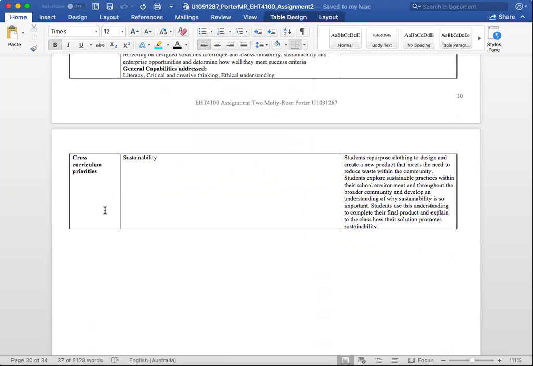Our series of lessons also connects to sustainability, which is a cross-curriculum priority, as students are repurposing a donated piece of clothing and they are changing the use of that and altering the material to create a new use.